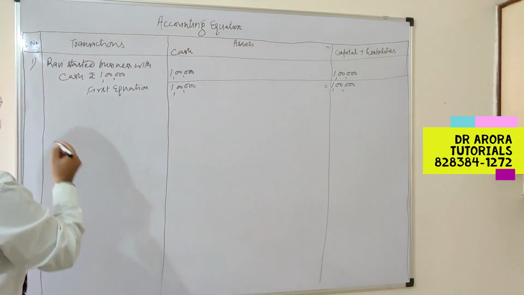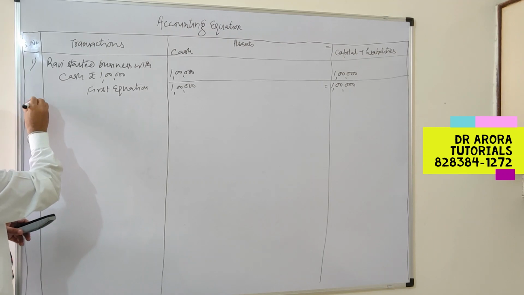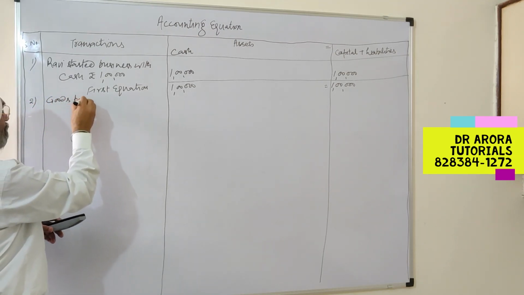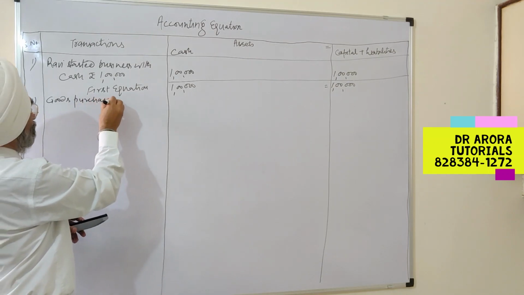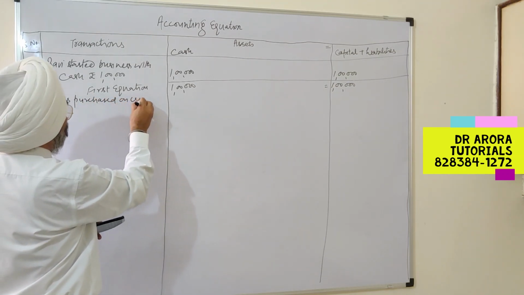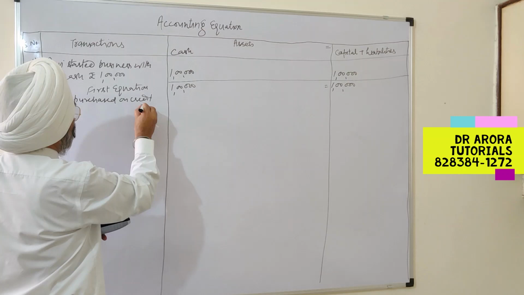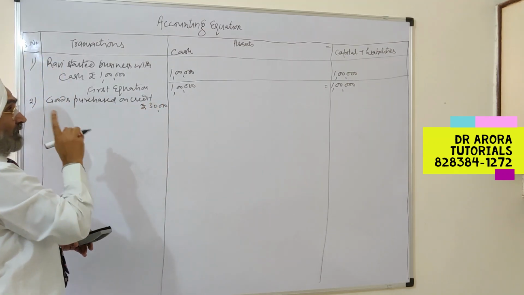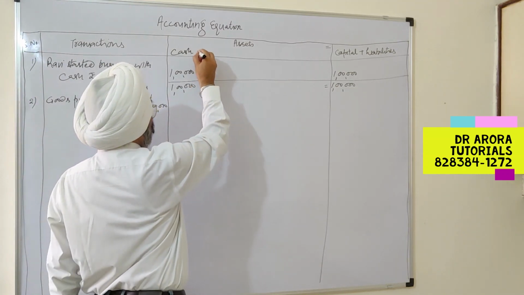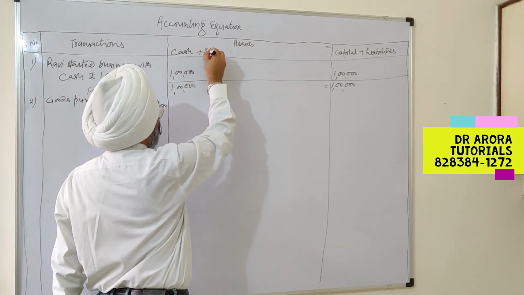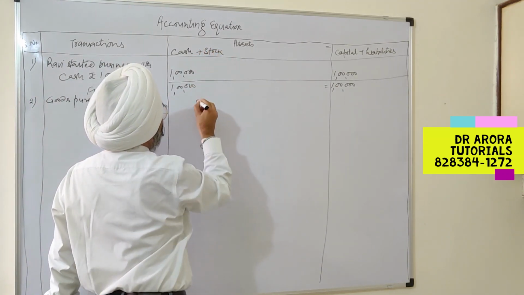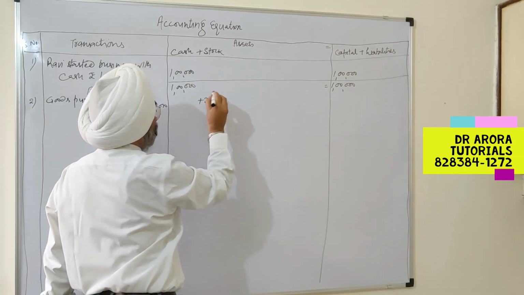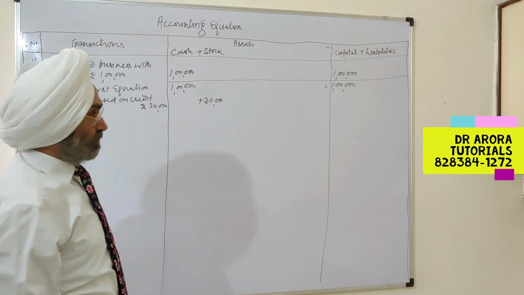Second aspect, second transaction. Goods purchased on credit, rupees 30,000. On credit, cash is not paid. If goods are purchased on credit, that will increase the stock of goods.